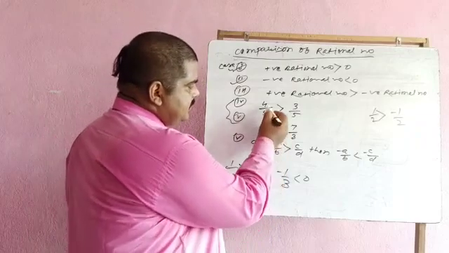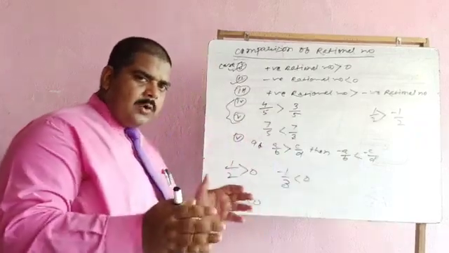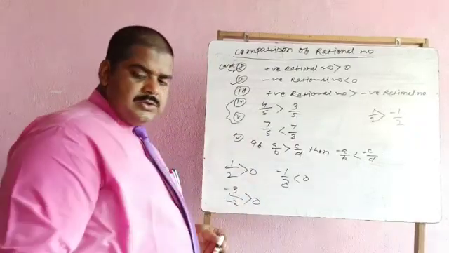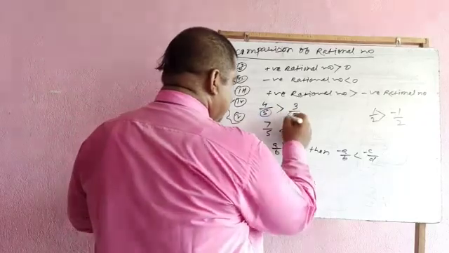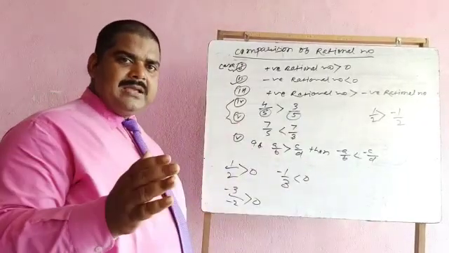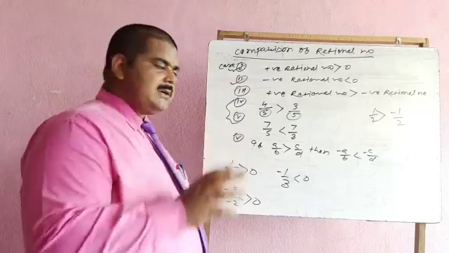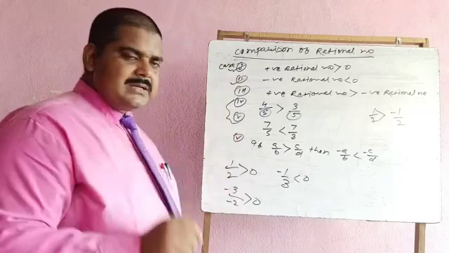Pay attention: two rationals are 4 upon 5 and 3 upon 5. What is common? The denominator. You can see that the denominators are equal in both cases. If two rationals have equal denominators, then you have to compare their numerators.